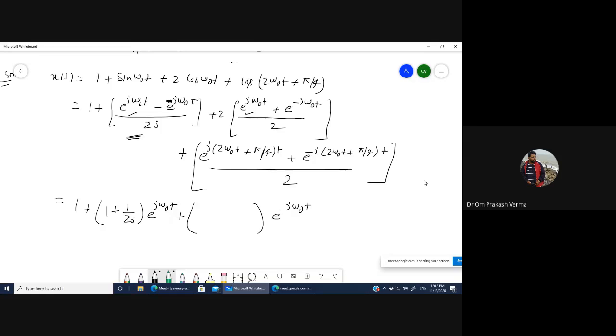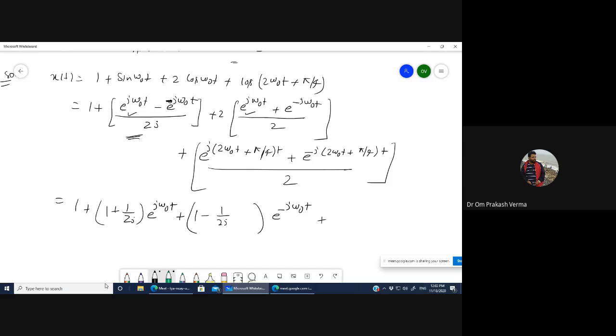Priya, tell me. 1 plus 1 upon 2j. Garima, you want to correct? Sir, 1 minus 1 by 2j. Right. 1 minus 1 by 2j, e to the power minus j omega naught t.